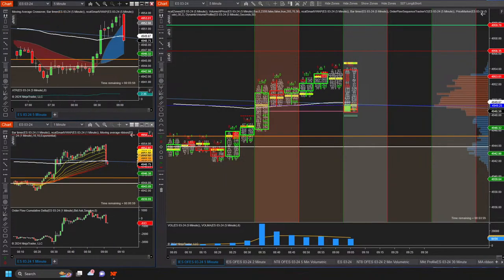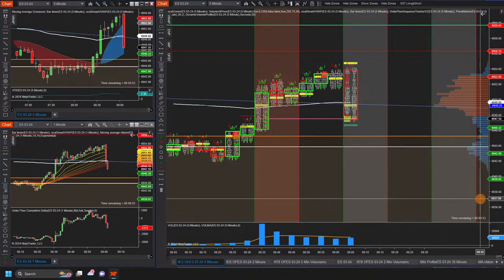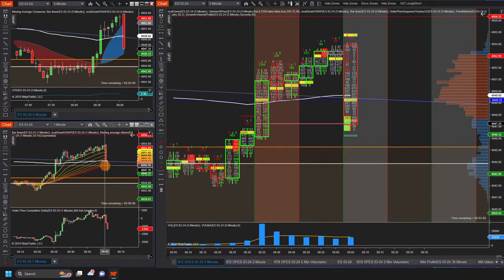So now we pull back. So here's a deep pullback, broke down below VWAP, broke down below trend line, POC, coming back to test opening.